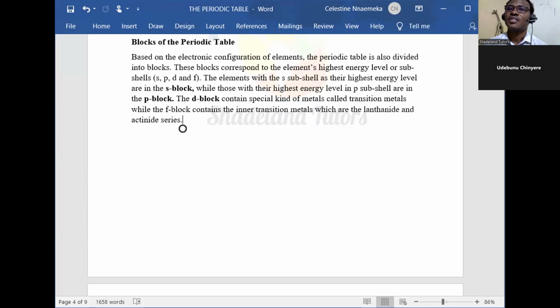The D block contains special kind of metals called transition metals, while the F block contains the inner transition metals.